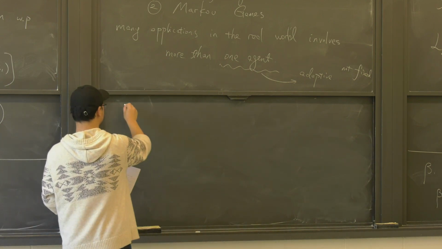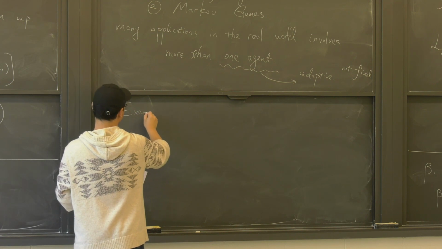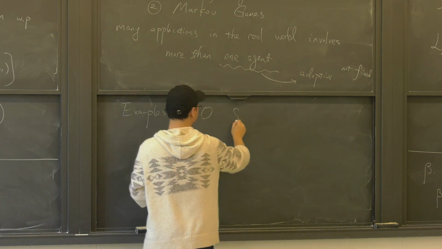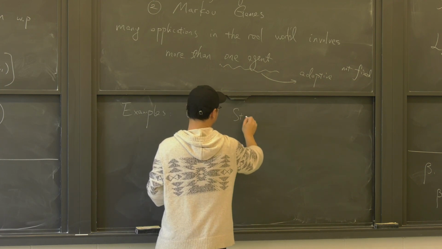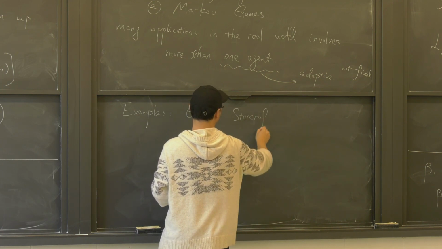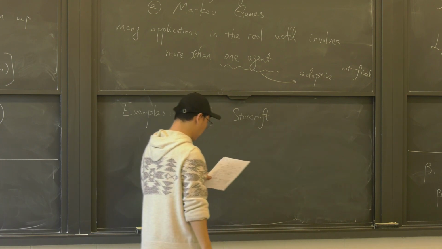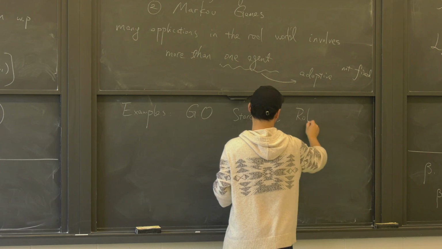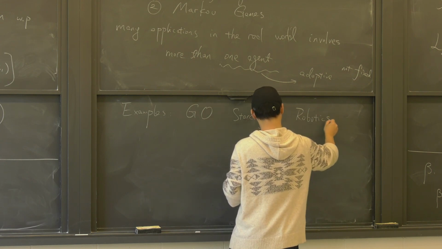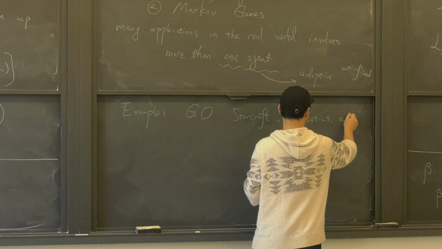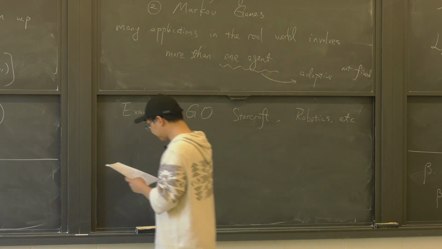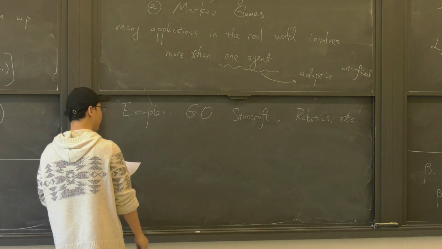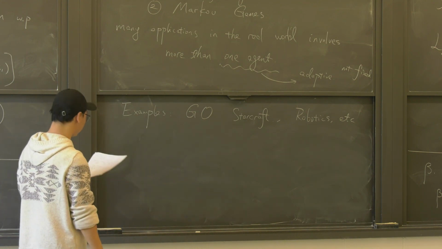We already said there are a lot of examples, including Go and StarCraft, the famous DeepMind examples that already beat the world champion, and also some robotics, and a lot of other applications. We also mentioned there are multiple different settings for multi-agent reinforcement learning.